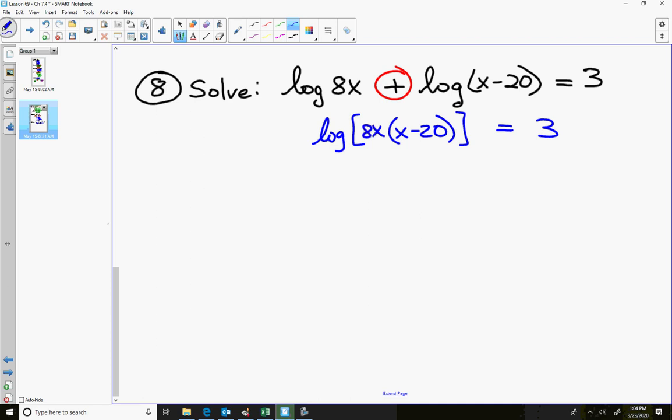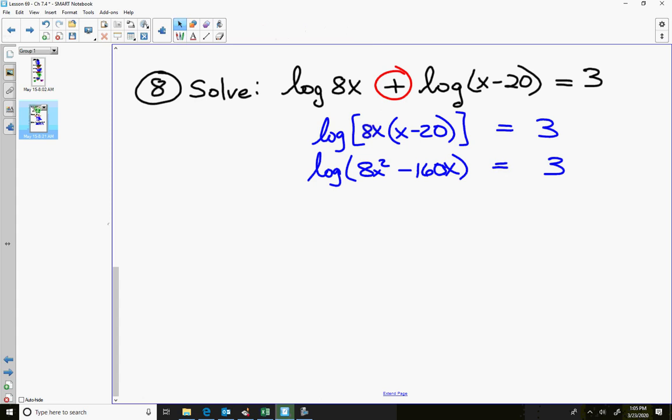Cleaning that up a little bit, I've got this log of 8x squared minus 160x. But I've only got a log on the left. I do not have a logarithm on the right.